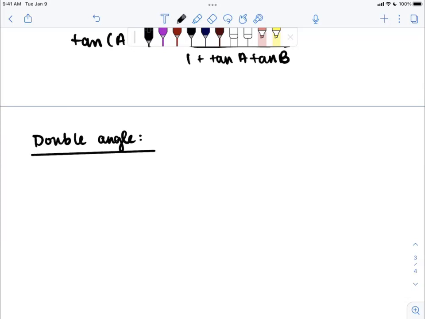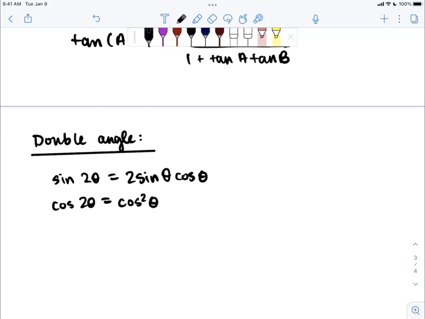So sine 2 theta, just from the formula before, is going to be 2 sine theta cosine theta. Cosine 2 theta is going to be cosine squared theta. Remember, that means cosine theta times cosine theta minus sine squared theta.